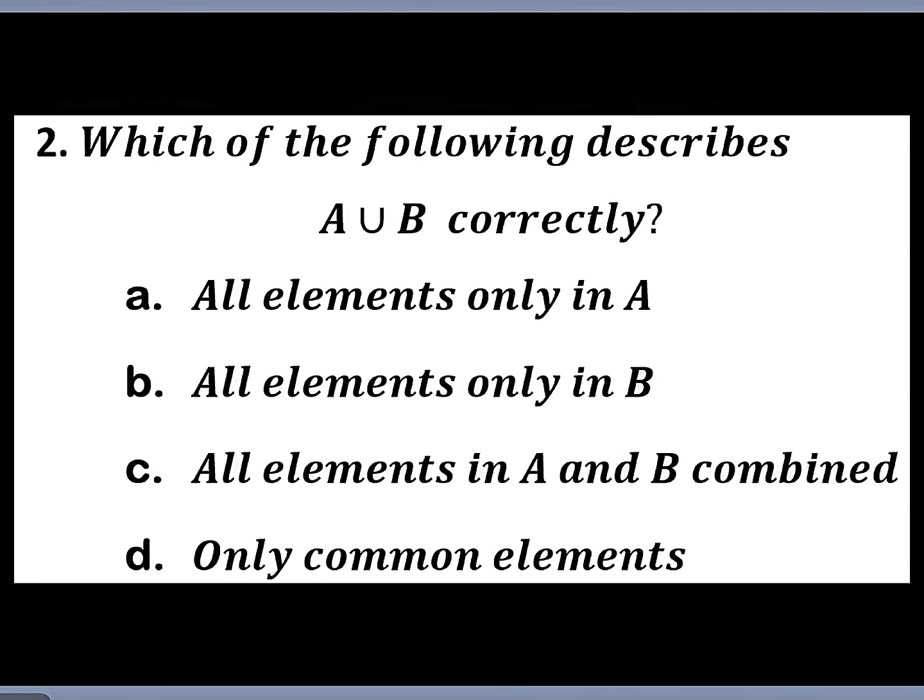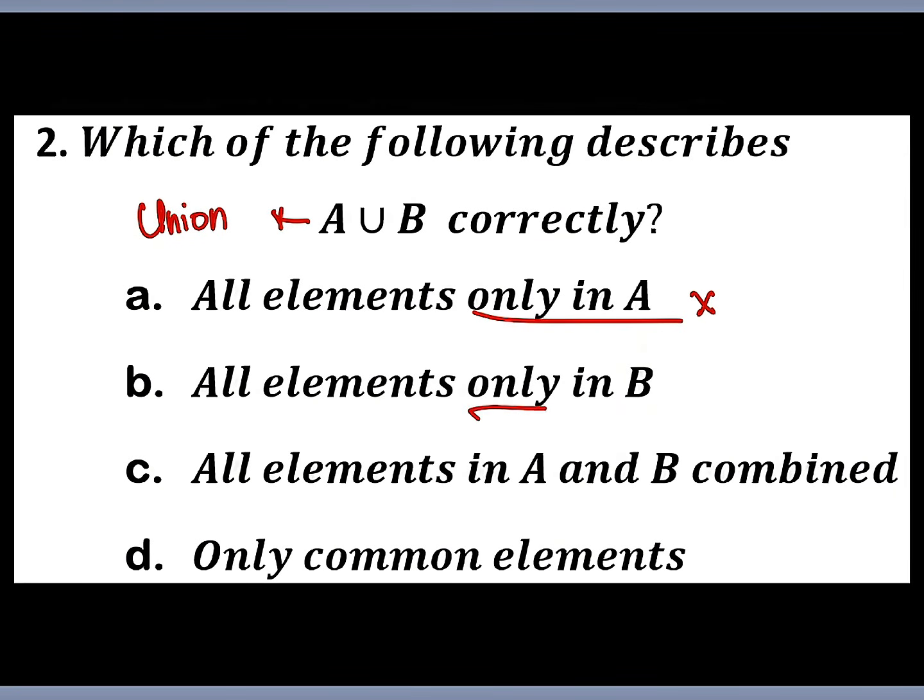For number 2, which of the following describes A union B correctly? For union, we need to jot down all elements coming from set A and B. In A, all elements only in A, that's the difference of set.